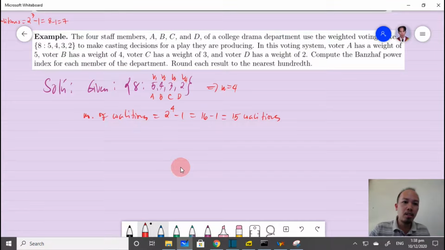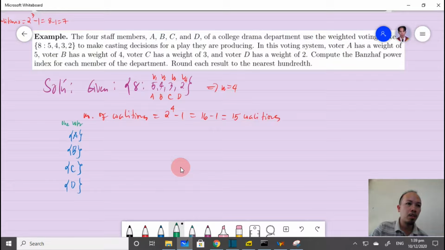First, you form coalitions where each coalition consists of one voter, so this one A, B, C, and then D. Then the second is two voters for each coalition.